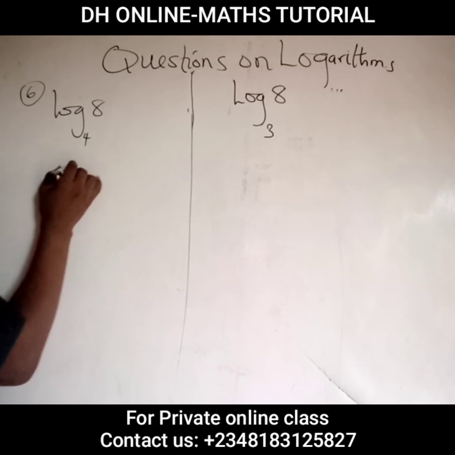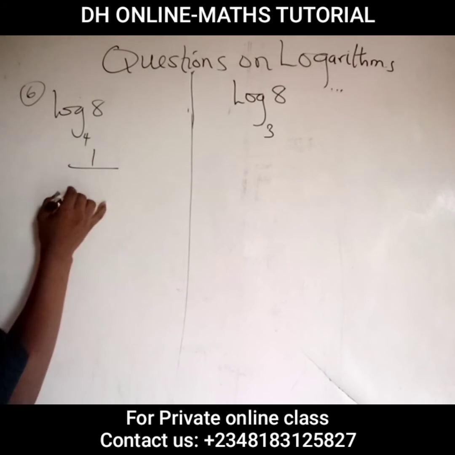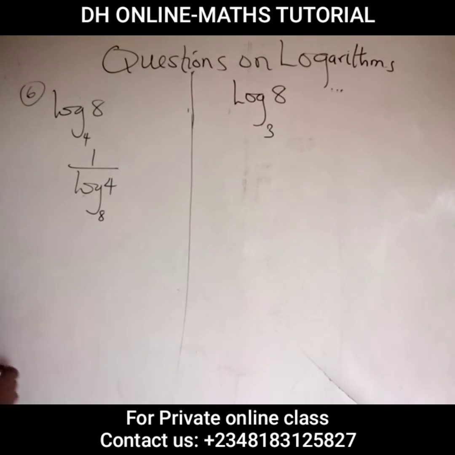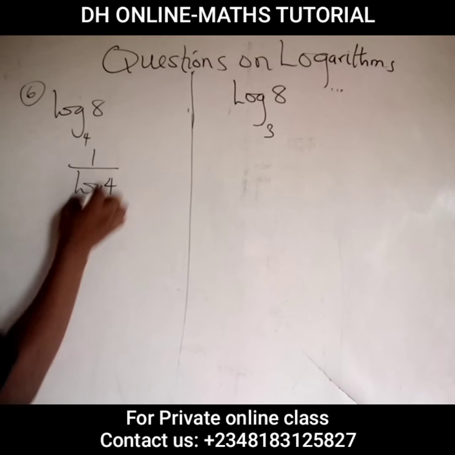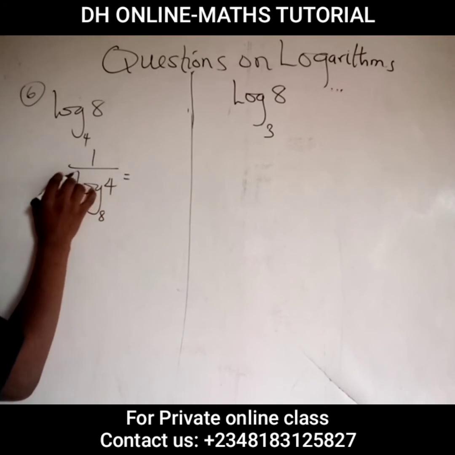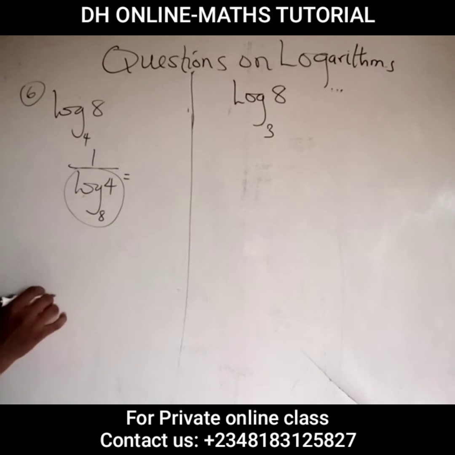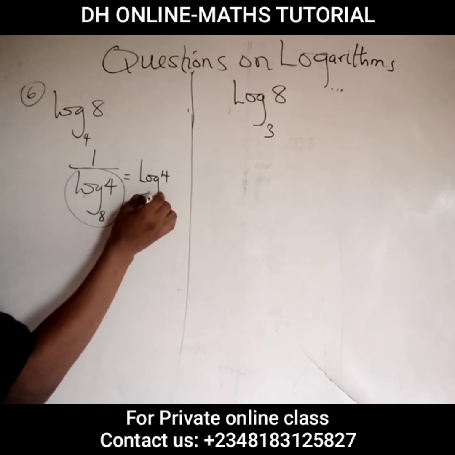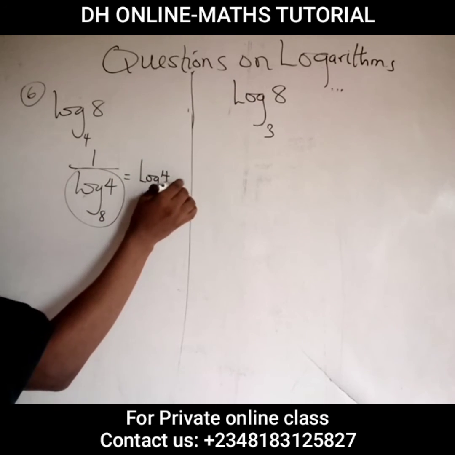So it's going to be 1 over log 4 to the base of 8. So we are going to sort out this part separately. Sorting it out will give you log 4 to the base of 8 equal to x.